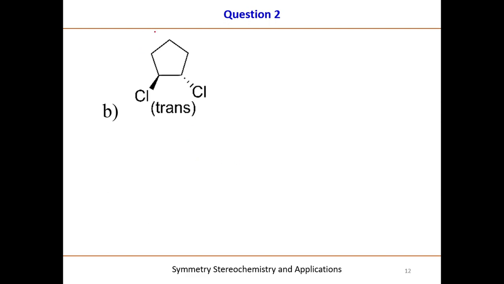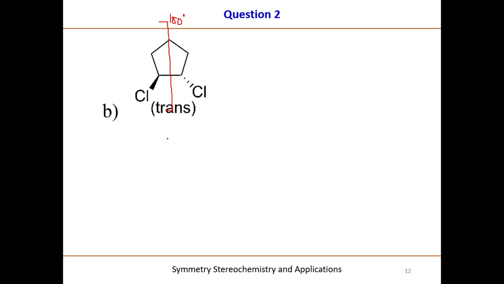Now we will pass the axis here. If we rotate the molecule by 180 degrees, we will get the same configuration as this molecule has.